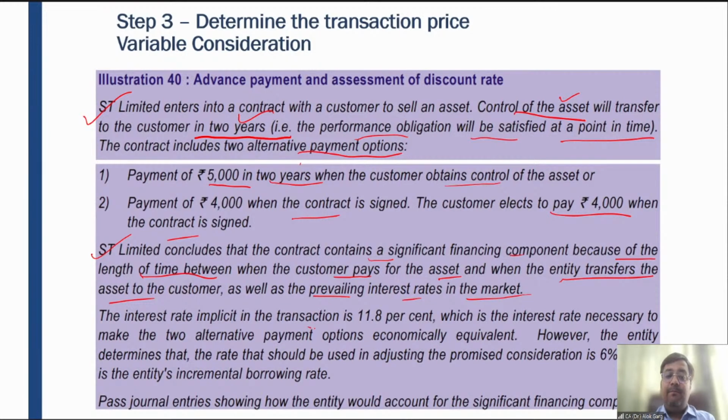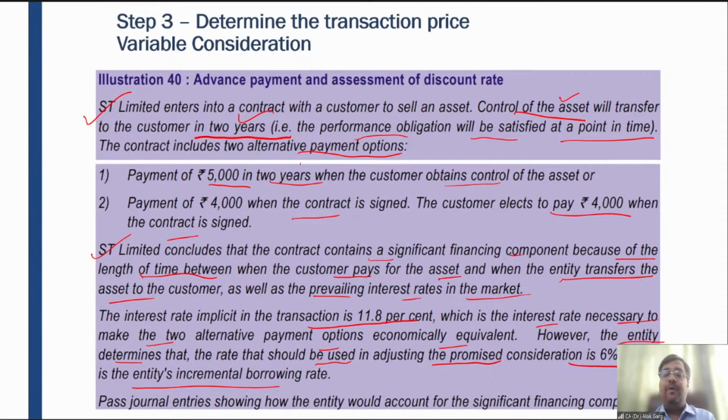The interest rate implicit in the transaction is 11.8%, which is the interest rate necessary to make the two alternative payment options economically equivalent. However, the entity determined that the rate that should be used in adjusting the promised consideration is 6%, which is the entity's incremental borrowing rate.